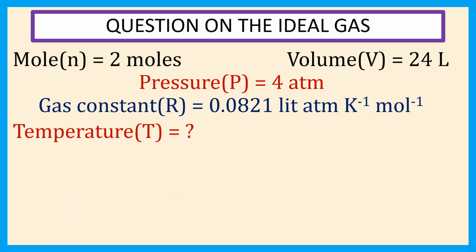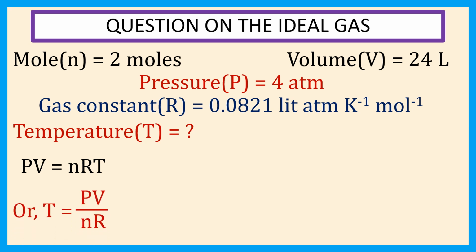Temperature T to be determined. We know that PV is equal to nRT or T is equal to PV by nR.